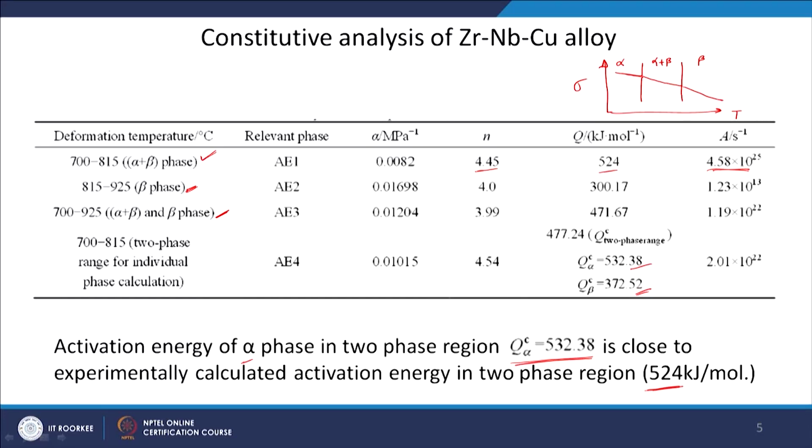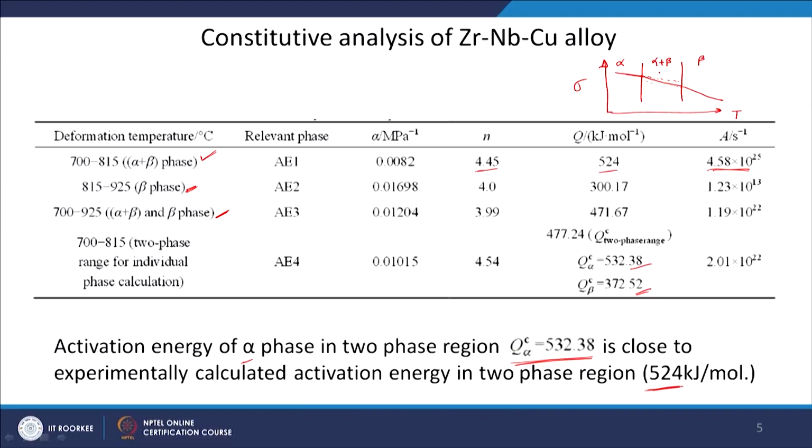So, that is extrapolated for alpha into the two phase region. Similarly, for beta phase the flow stress was extrapolated into the lower temperature range. So, what we did for alpha we did for the higher temperature range, and for beta the lower temperature range. So, we could go into the two phase region and then we calculated the values of all these parameters through this data.